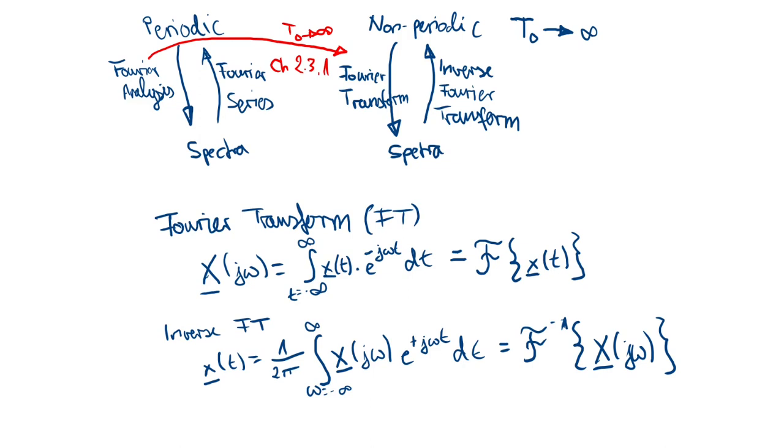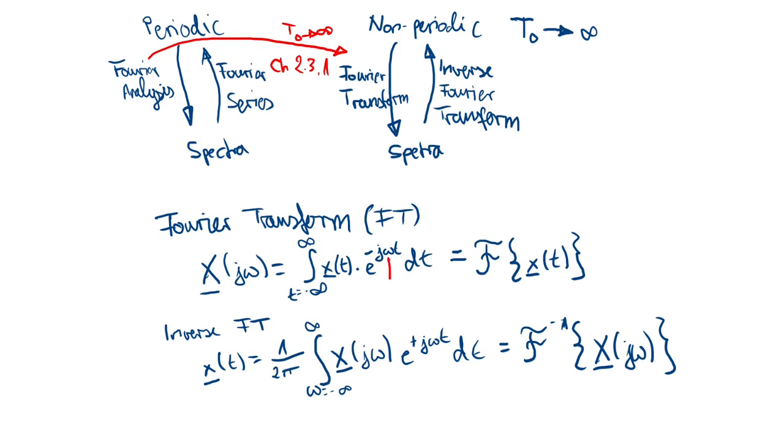If you have a look at the literature, you will find various definitions of the Fourier transform and inverse Fourier transform. There are 3 definitions which look quite the same, but they are distinguished by the frequency value used.